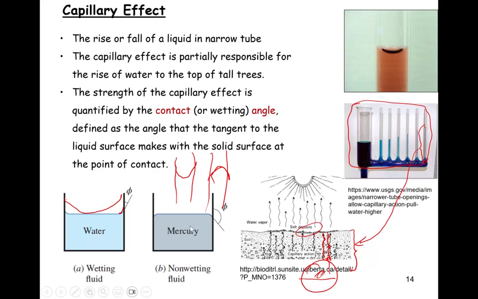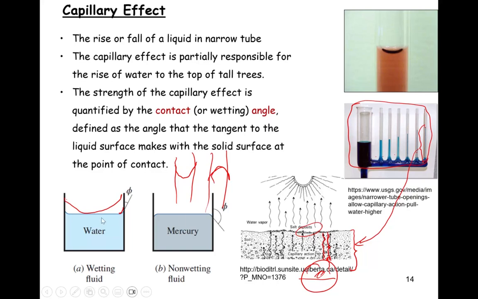Why did this happen? Because the attractive force in mercury molecules is higher, and then this angle normally is larger. That means it causes a non-wetting surface. That's why, due to the surface tension between the wall and the mercury in the container, it is standing in this form.